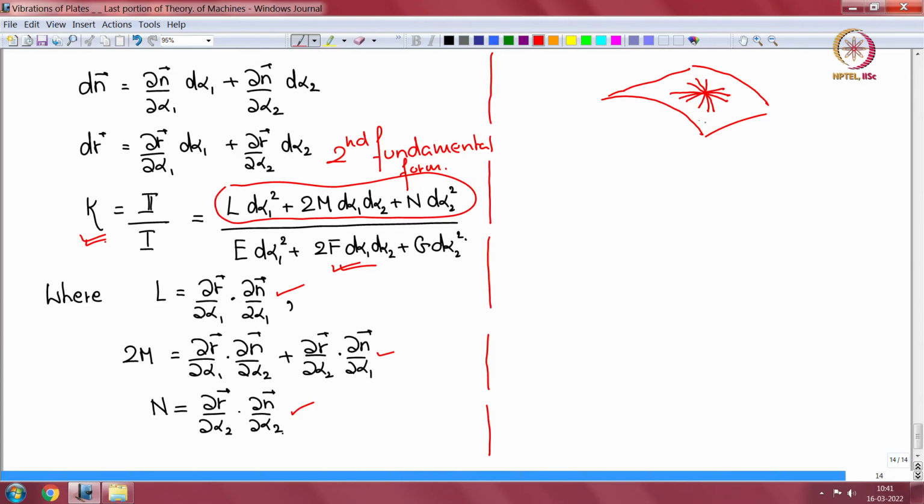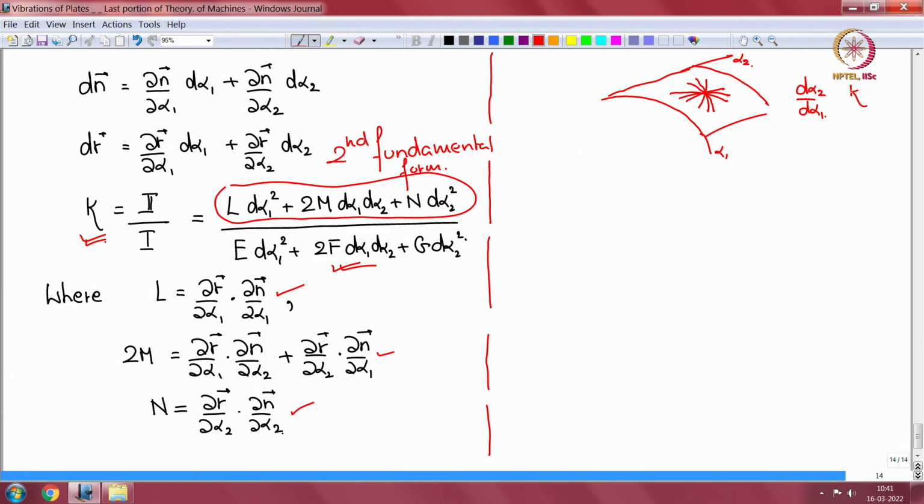Let us say this is my alpha 1 and that is my alpha 2. Based on the direction d alpha 2 by d alpha 1, I will get one kappa value. So what should we do?